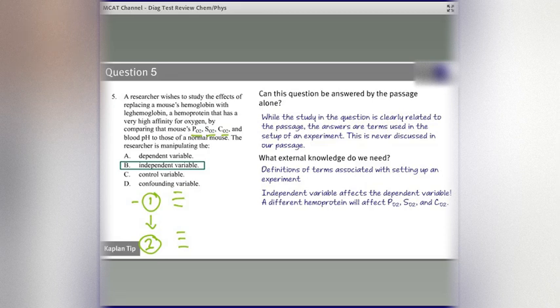So the ones that we get, our results, PO2, SO2, and CO2, depend upon whether it's a normal mouse or the leg hemoglobin mouse. Because they depend on which mouse, they are dependent variables. The independent variable is one that we set up and then measure the things that depend on it. Does that make sense, Olivia?